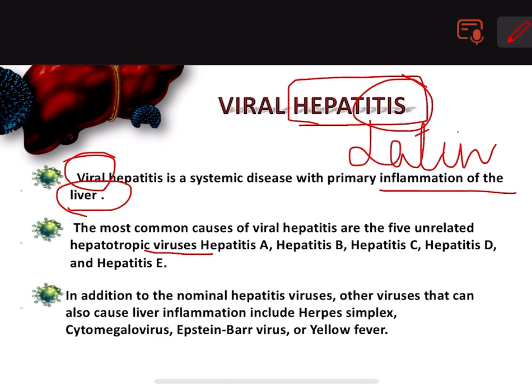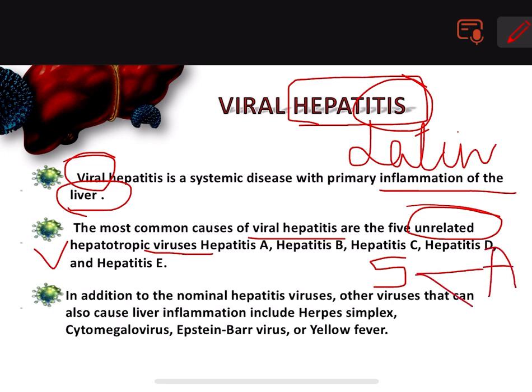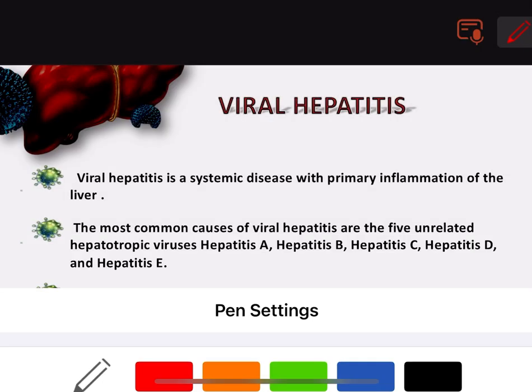The most common causes of viral hepatitis are 5 unrelated hepatotropic viruses. These 5 viruses are categorized as hepatitis A virus, hepatitis B virus, hepatitis C virus, hepatitis D virus, and hepatitis E virus.